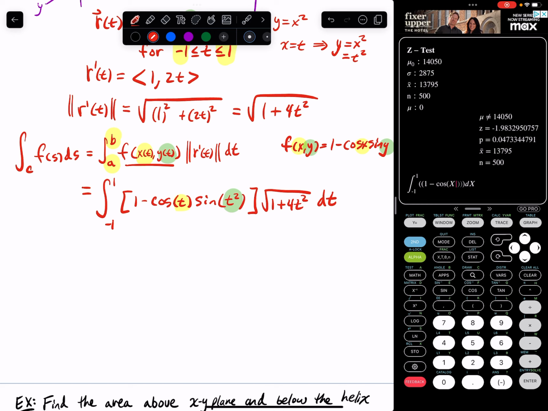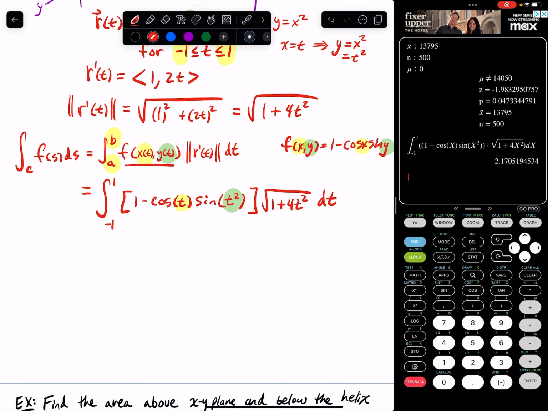And I'm going to use x here for a dummy variable instead of t. And then sine of x squared, close parentheses, and then multiplied by the square root of 1 plus 4x squared. Then hit enter.